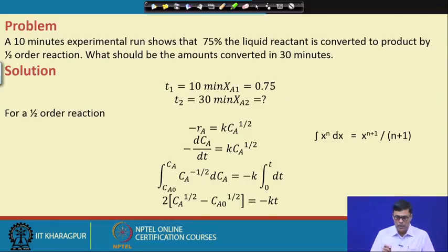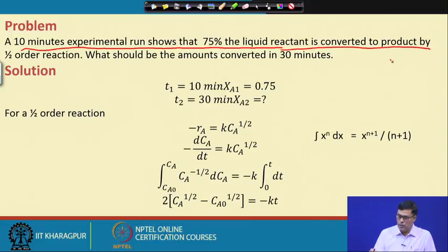The next problem is also very interesting. A 10 minute experimental run shows that 75% of liquid reactant is converted to product by a half order reaction. Up till now, what we have discussed is mostly first order and second order reactions.